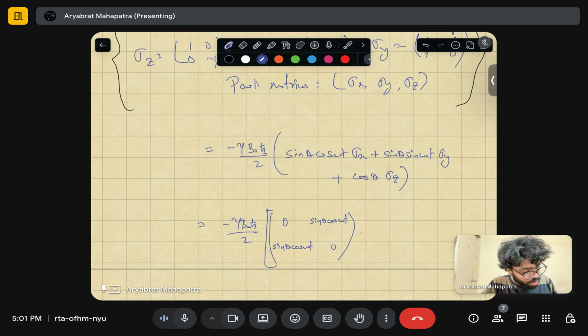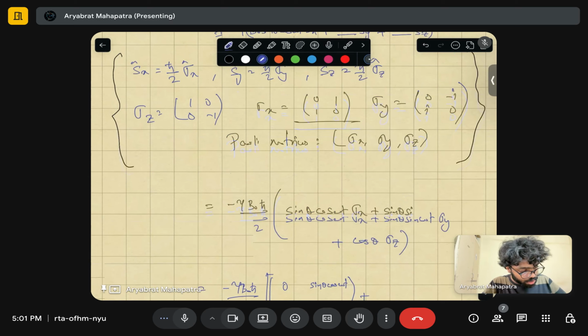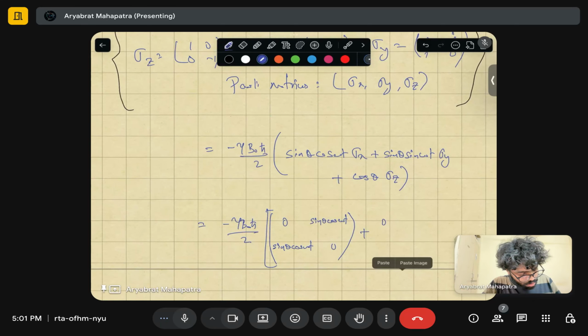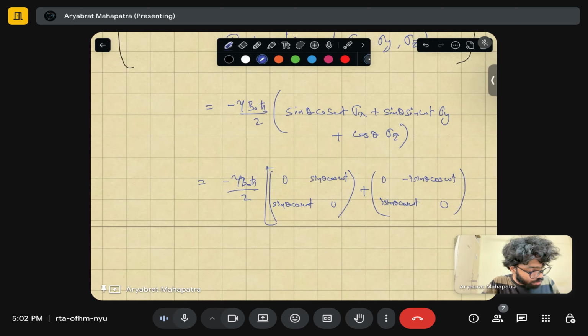Then you can use sigma y in the other term, so sigma y is this, so it will give you 0, minus i sin theta cos omega t, i sin theta cos omega t, 0. Then you have one more term, that is sigma z, which is 1, 0, 0, minus 1, that will give you cos theta, 0, 0, minus cos theta.